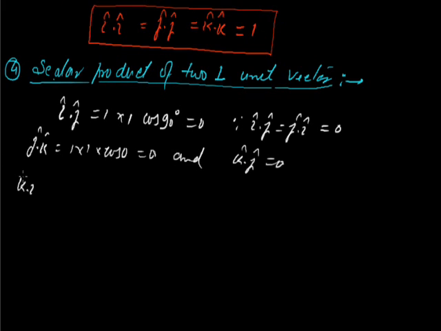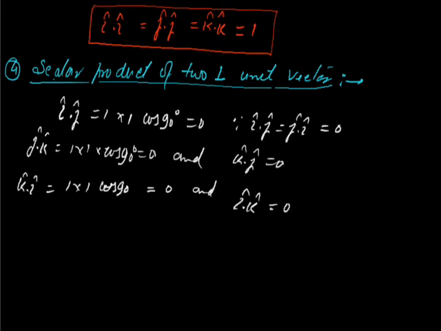k dot i will be 1 into 1 into cos of 90, that will be 0, and i dot k will also be 0.